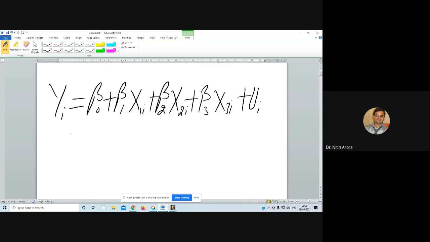This is an assumption of the method of ordinary least squares. The assumption is no multicollinearity, but if multicollinearity exists, then we face many problems. In case of perfect multicollinearity, the coefficients are 0 by 0, they become indeterminate.